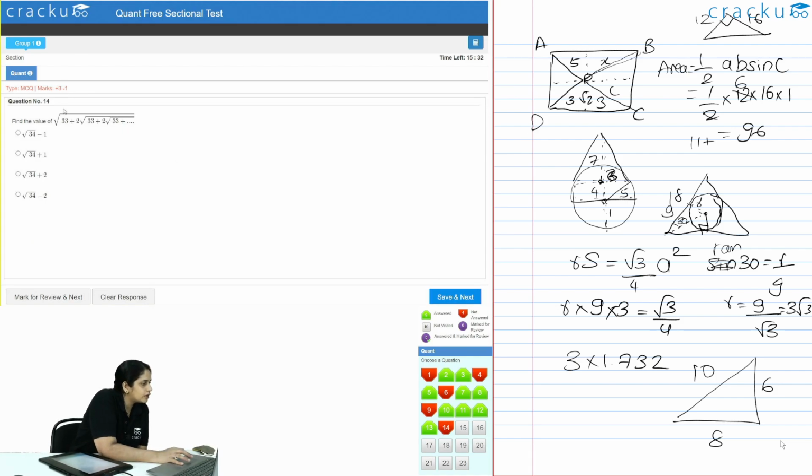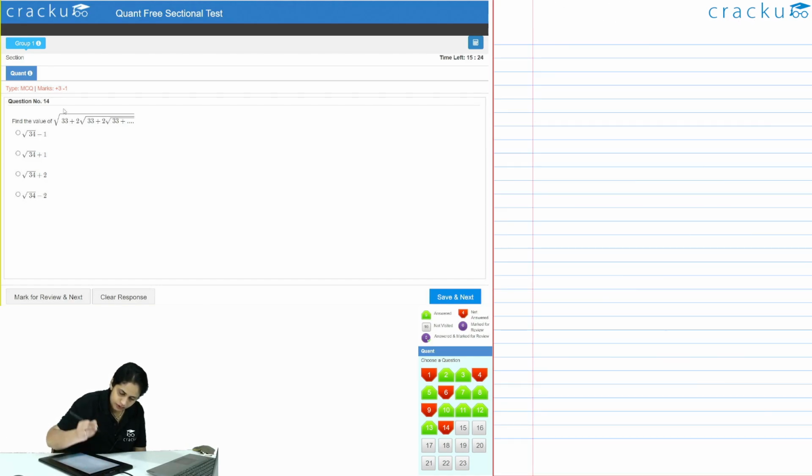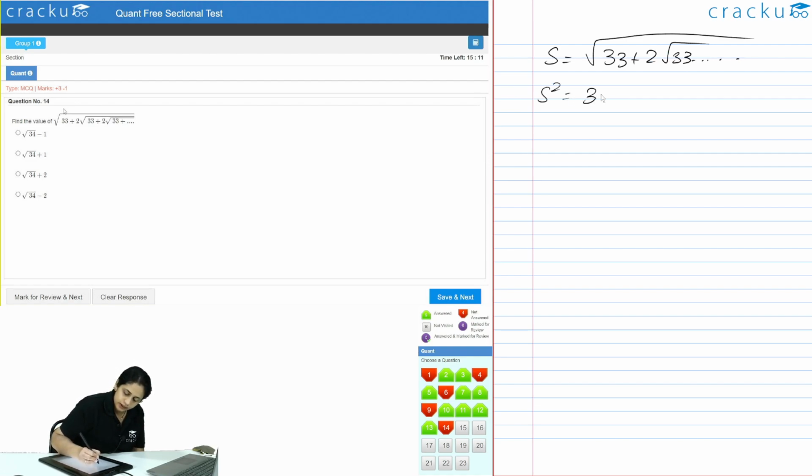Find the value of this. So let s equal the square root of 33 plus 2 times this. So s square is how much? This is 33 plus 2 times s only, so this is s inside the square. So s square minus 2s minus 33 is equal to 0. 33 is 11 into 3, but that doesn't give me this.